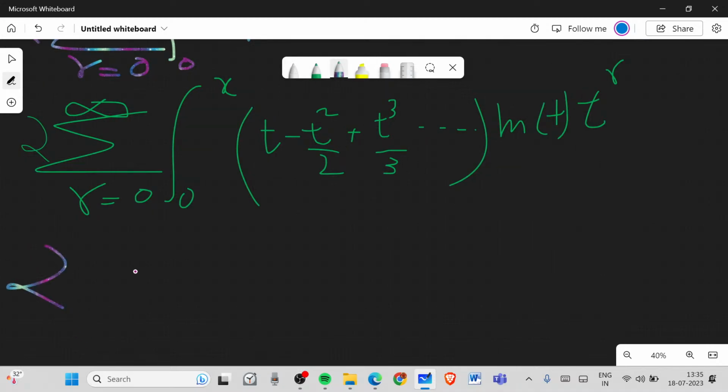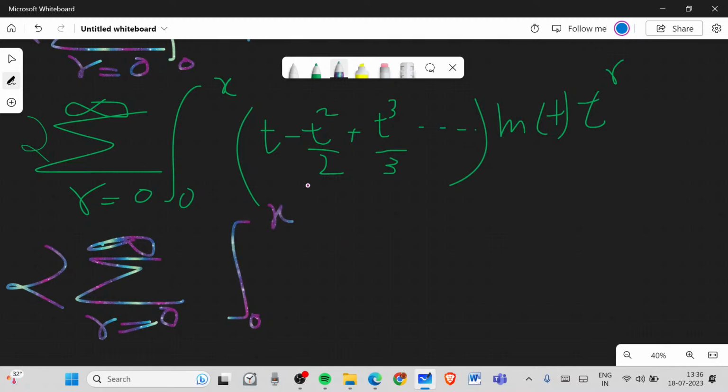Let's proceed further. Sum r is 0 to infinity, integral 0 to x. We can even write it in closed form.